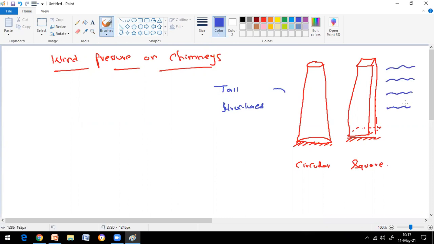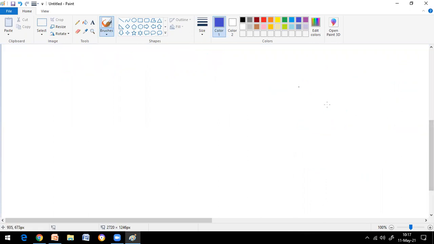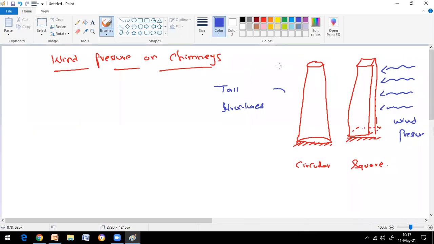Chimneys are basically subjected to horizontal wind pressure. Why wind pressure? Because they are tall. These structures are very tall, and tall structures are always subjected to more wind pressure.